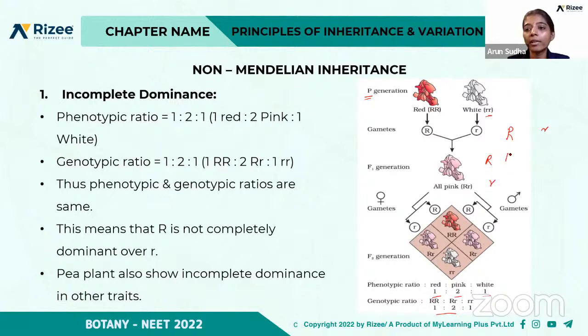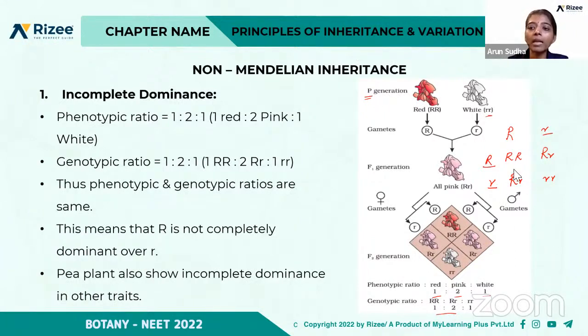So we can draw it in the form of a Punnett square, that is, this will have R, both capital, and here one is uppercase and the other is lowercase, and when these two breed together, it will be Rr. So this can be represented in the form of a Punnett square.